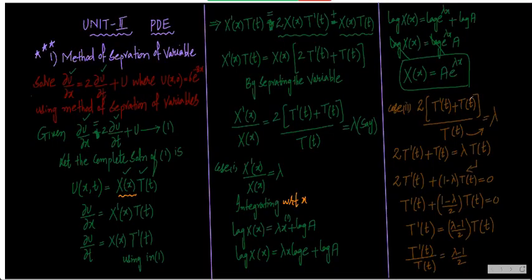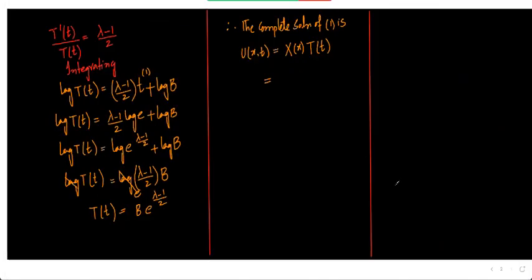Capital X value is a e to the power of lambda x, into T value, we got it as b e to the power of, and what have we forgotten here?